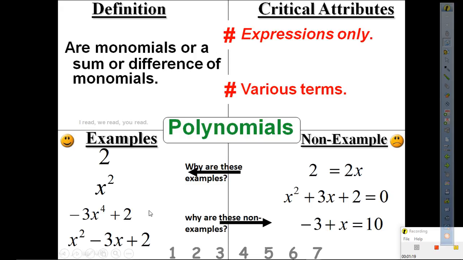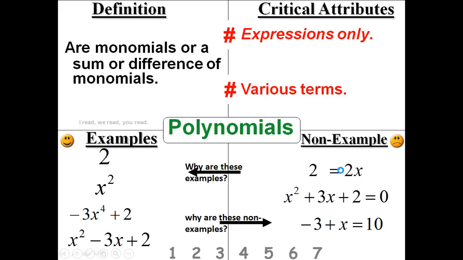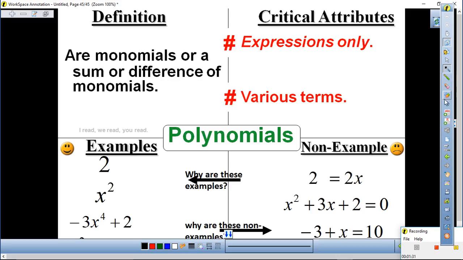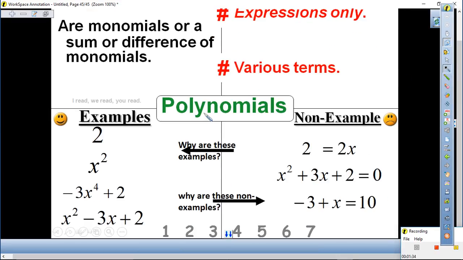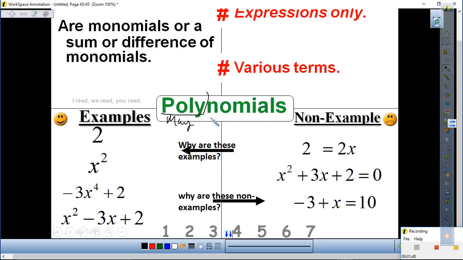Because there could be various terms, right? Also, who remembers when we covered polynomials that the word itself, poly means what? Many. Nomials mean terms. So many terms.